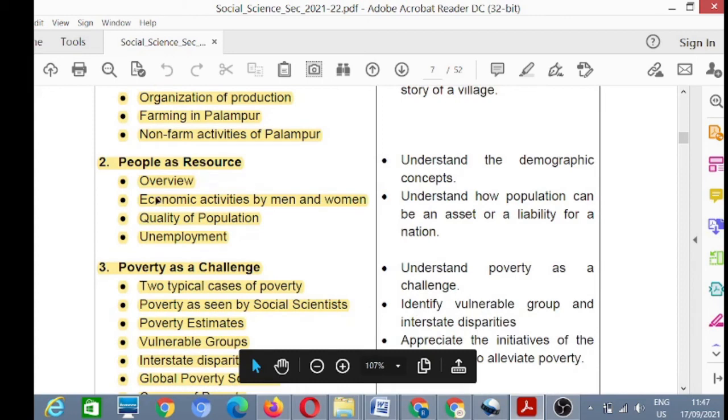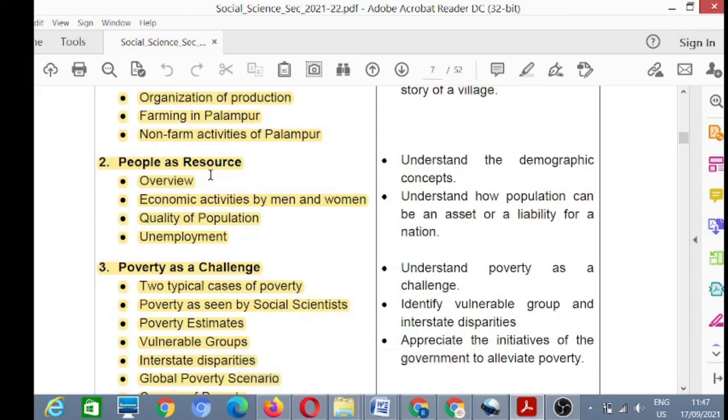Now the second chapter is people as resource. People as resource overview, then economic activities by men and women, then quality of population, then unemployment, the problem of unemployment.